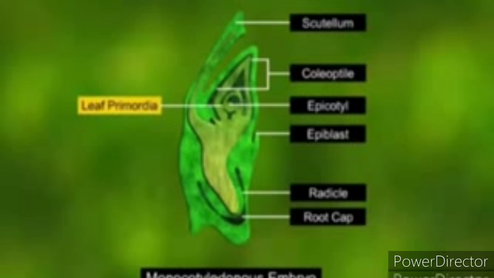So the grass family or the monocotyledons contain one cotyledon, which holds the reserve food and is called scutellum, situated towards one side of the embryonal axis. Below the soil it is the coleorhiza, and above the soil it is the coleoptile.